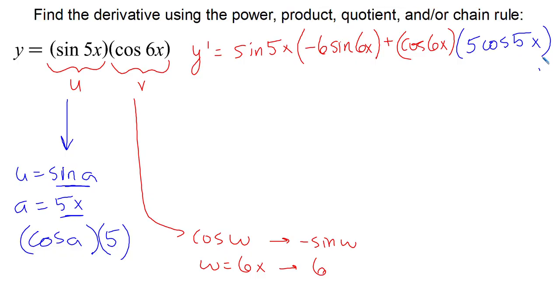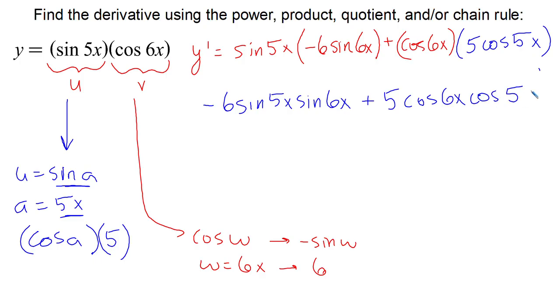And it's nice to have all the coefficients and stuff out in front. And we get negative 6 sine 5x sine 6x plus 5 cosine 6x cosine 5x.